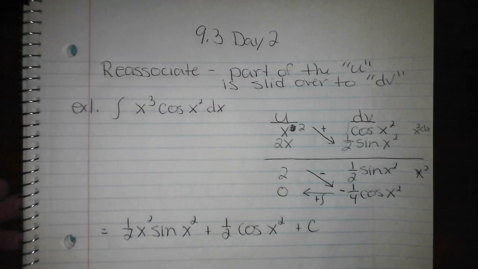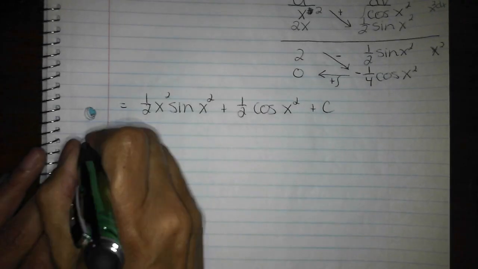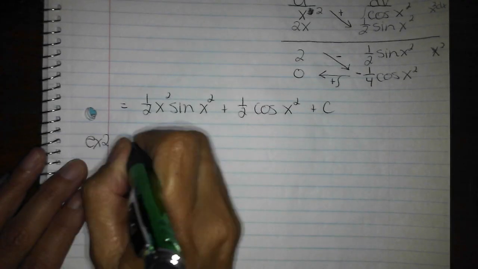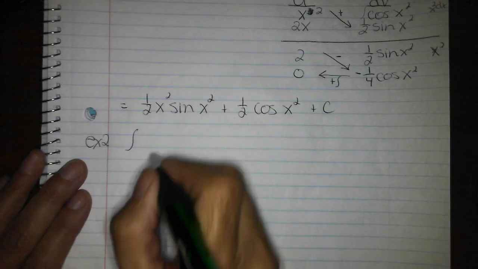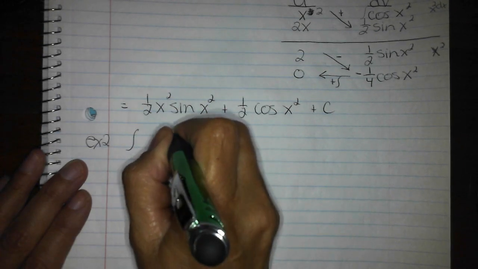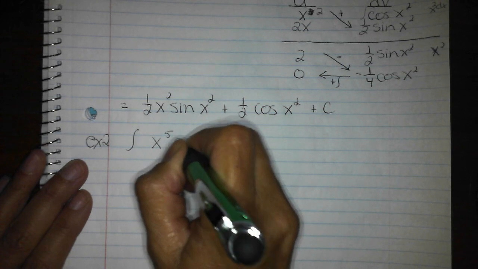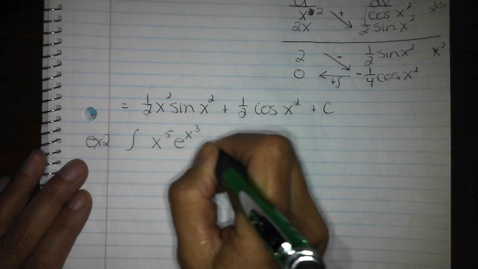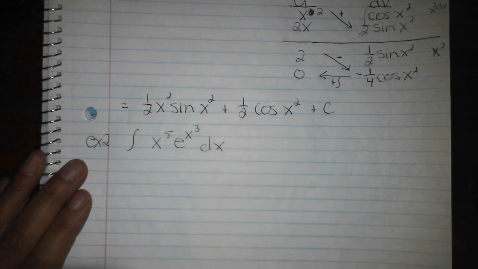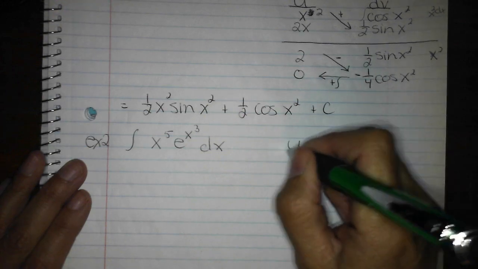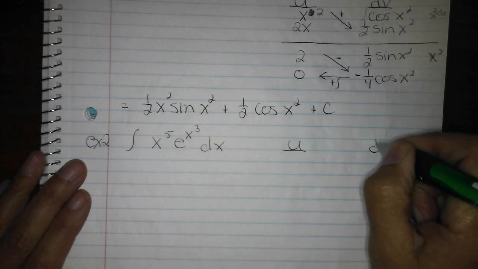Number 2. We've got x to the 5th, e to the x cubed dx. So again, u dv.